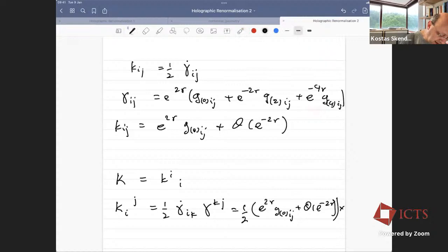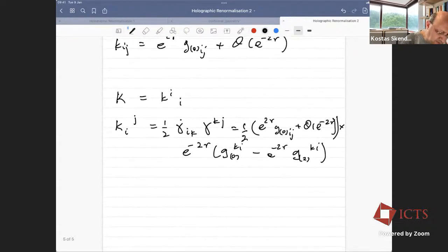So now this is times the inverse metric, which is e to the minus 2r g0. So altogether, this is delta ij.